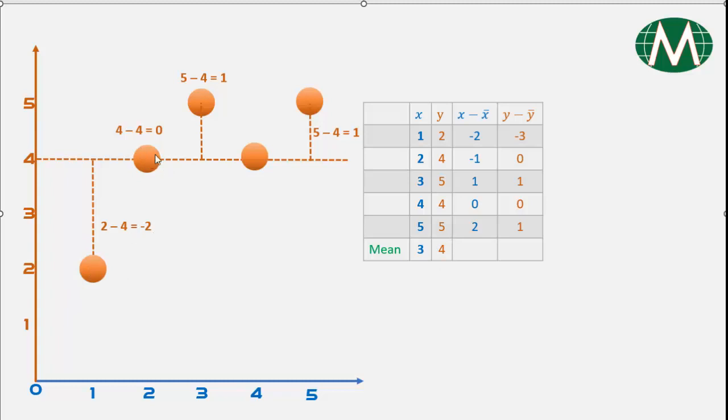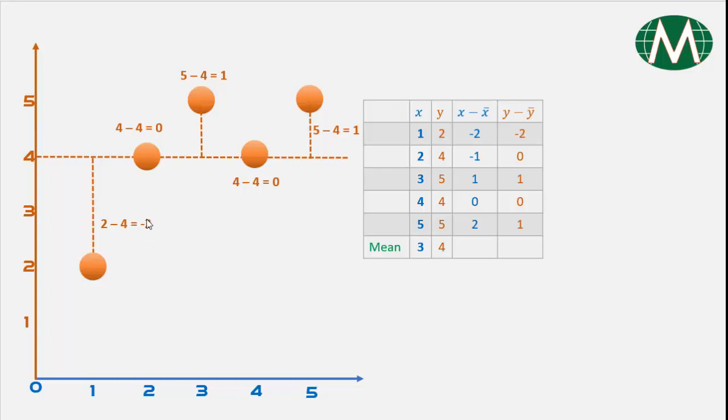The y value of this data point is 4, and the average is also 4, so 4 minus 4 is 0. The y value of this is 5, and the average is 4, so 5 minus 4 is 1. Similarly, the deviations are 0 and 1 for the remaining data points.